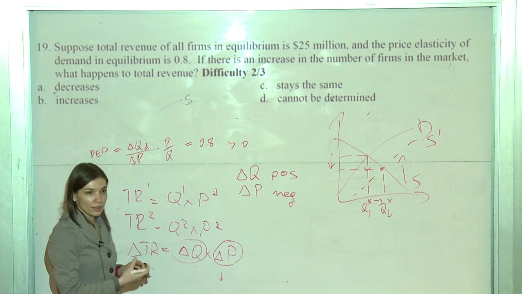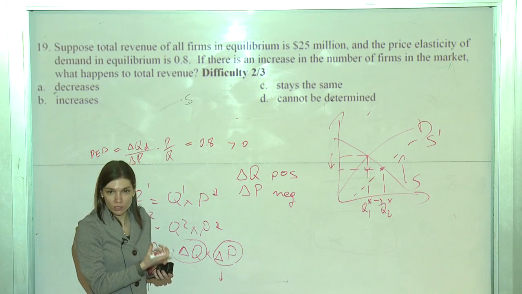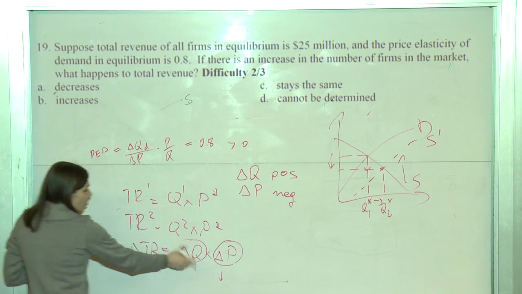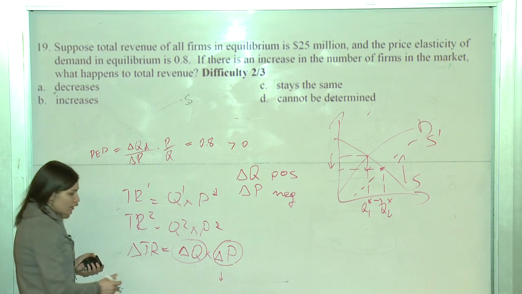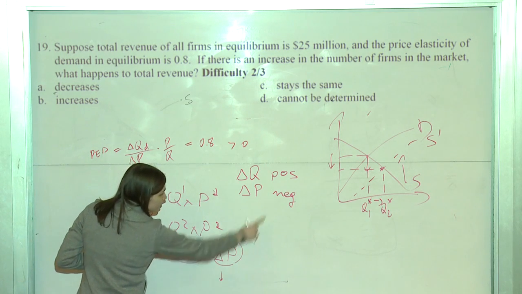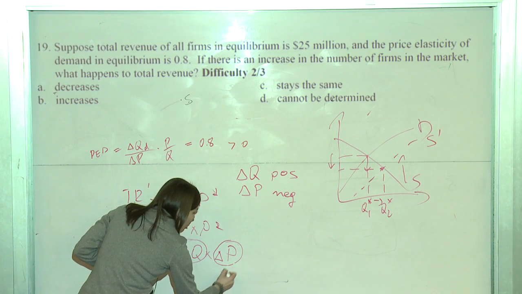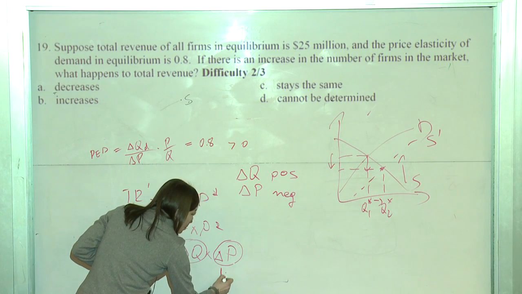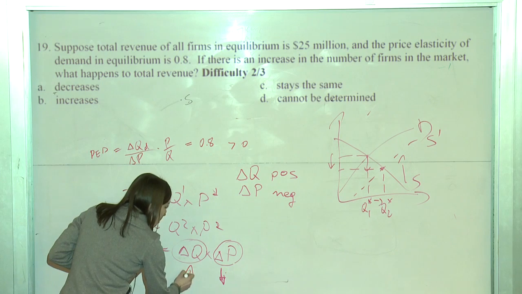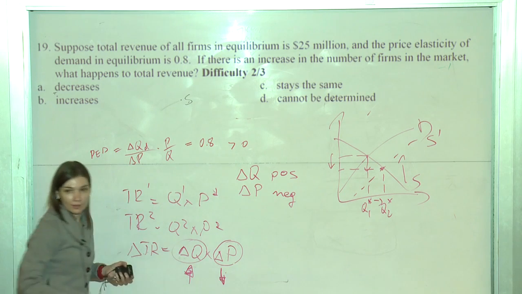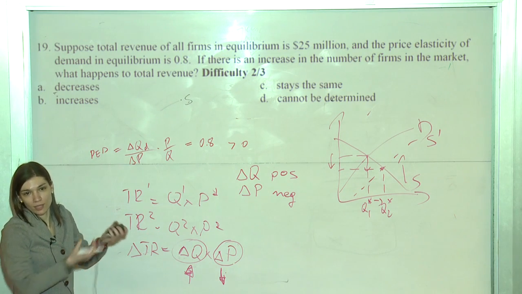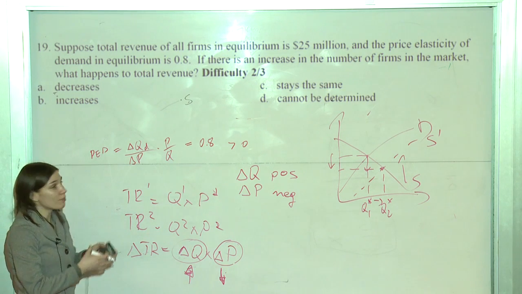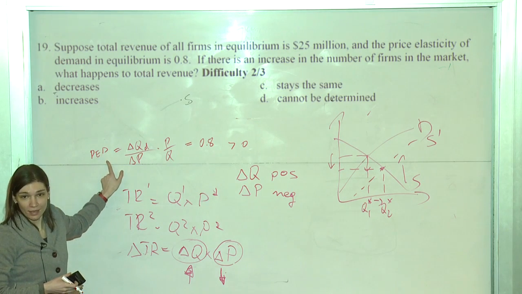All right? And the change in total revenue is going to depend on how much the price and the quantity changed, right? So we know that price went down, and we know that quantity went up. True? But we don't know by how much, because we are not given that exact information. But we're given the elasticity of demand.